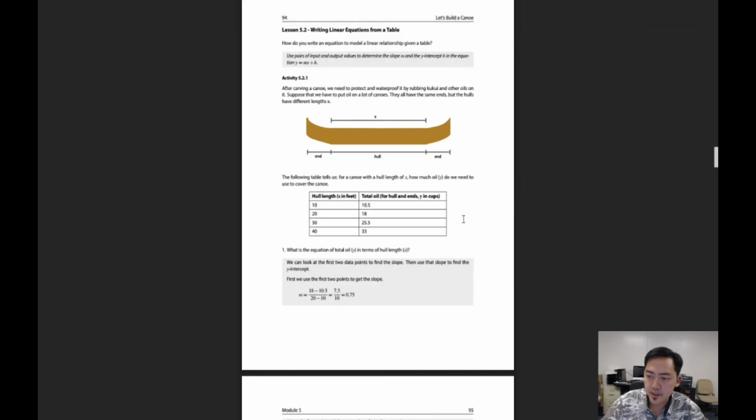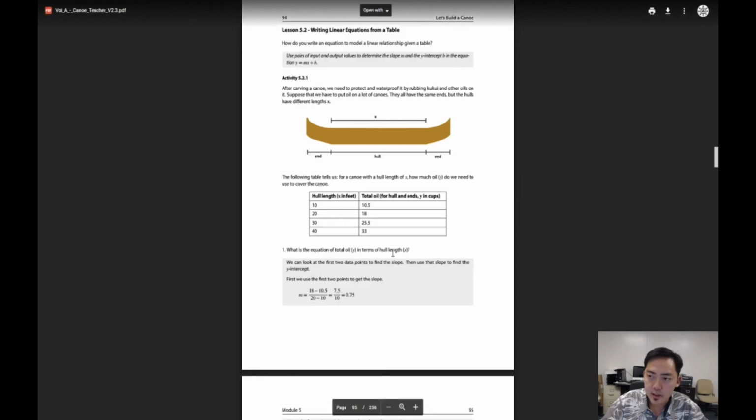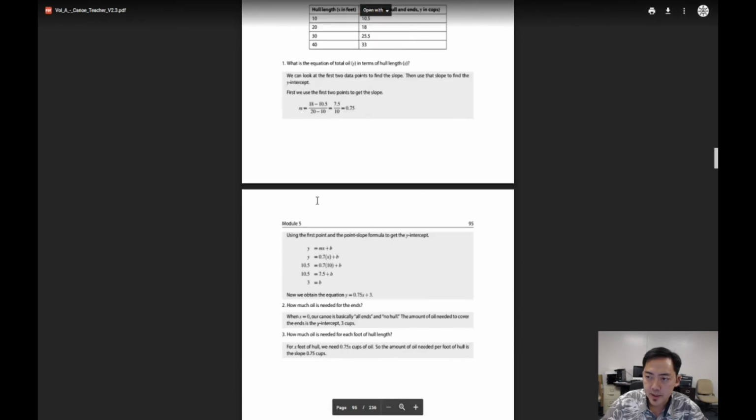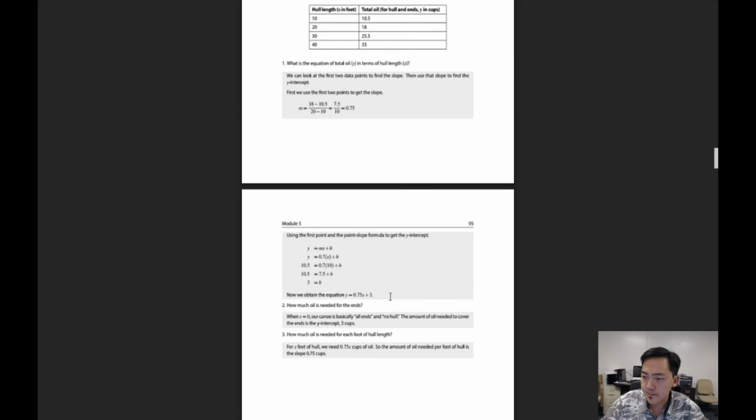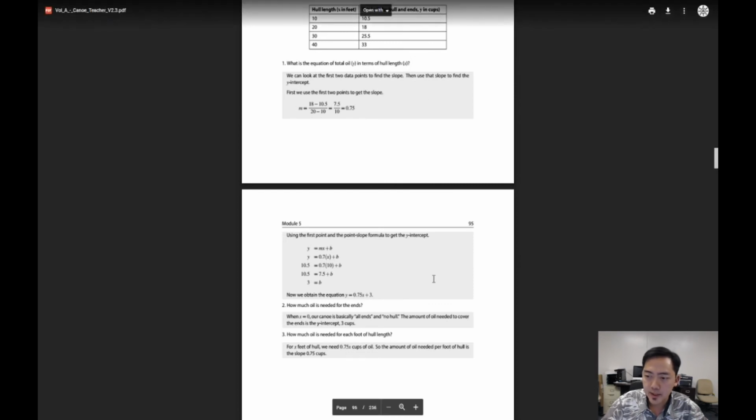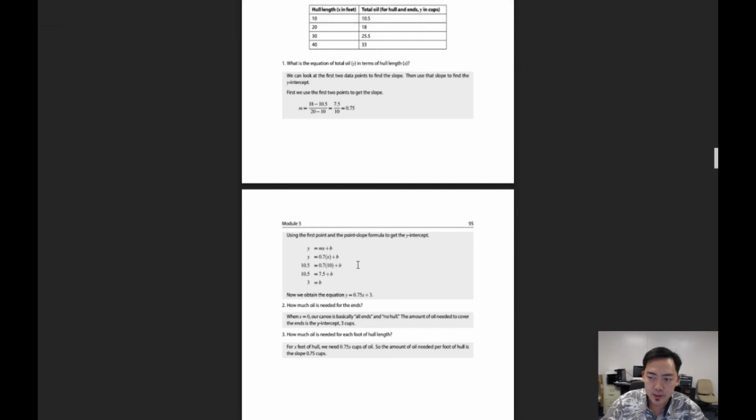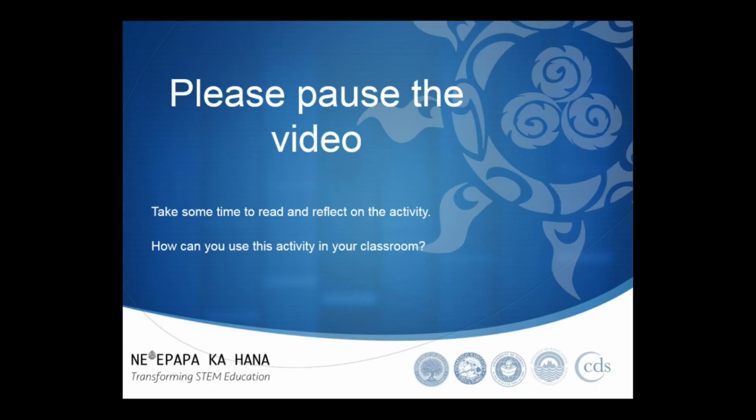So here it is. In the teacher's guide, we explain in a little bit more detail, and we show all the work that's needed in order to solve the problems. So over here we're finding the slope with the points in the table, and then we're finding the y-intercept with the slope-intercept form. Alright, that's it for this activity. Please go ahead and pause the video, read it more carefully, and reflect on it.